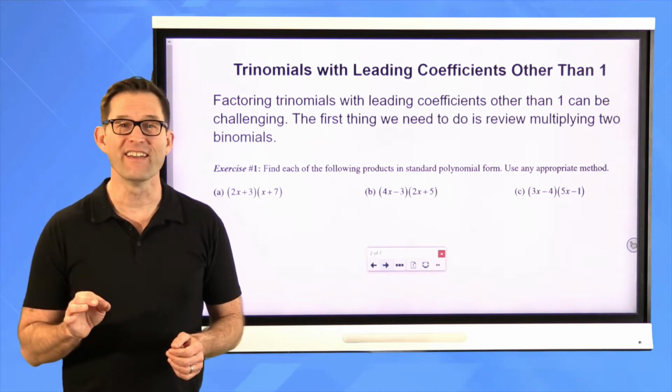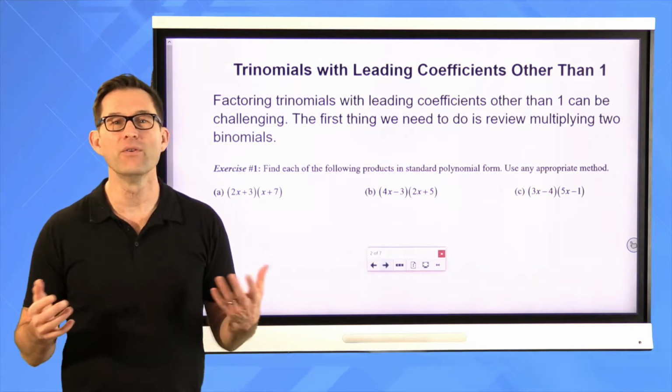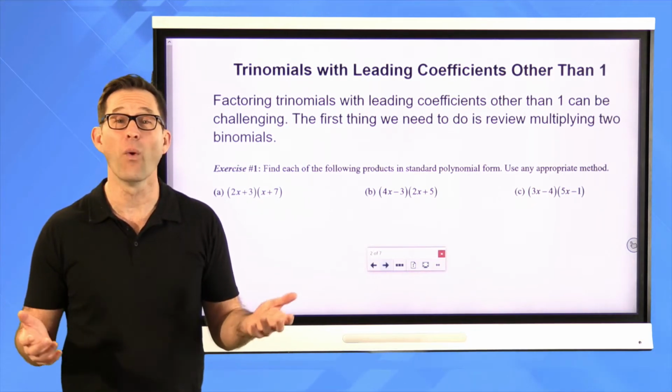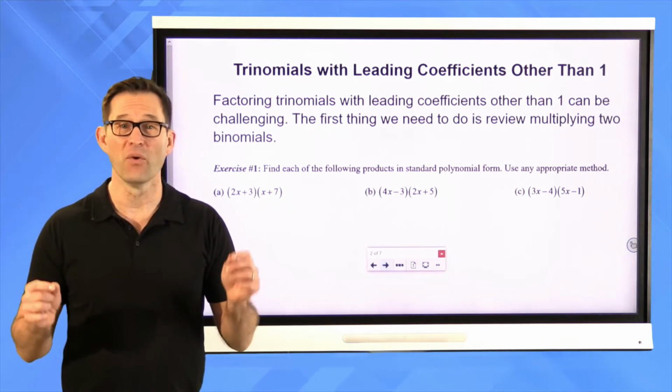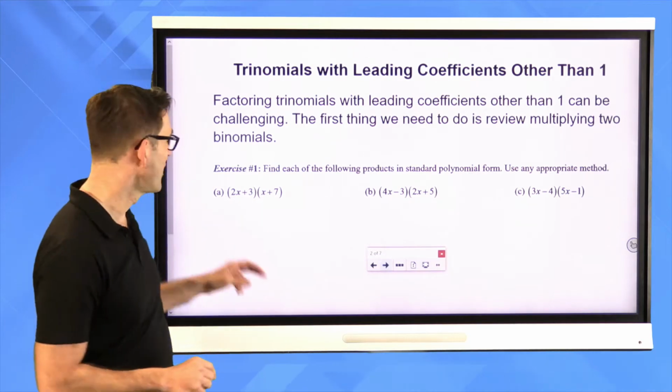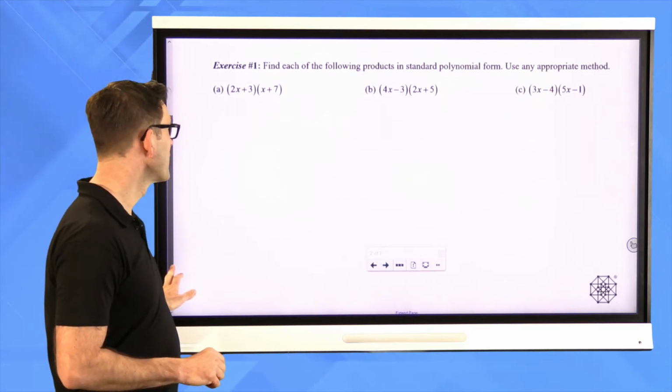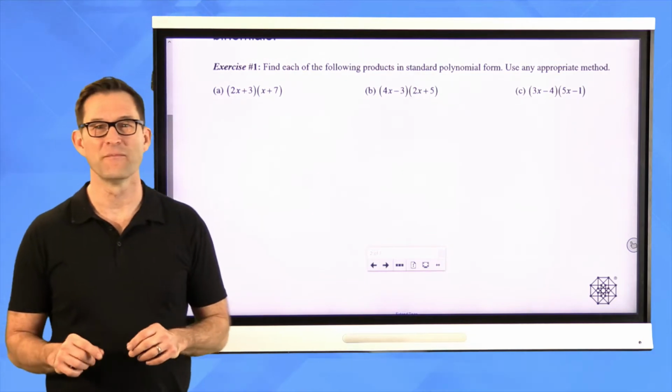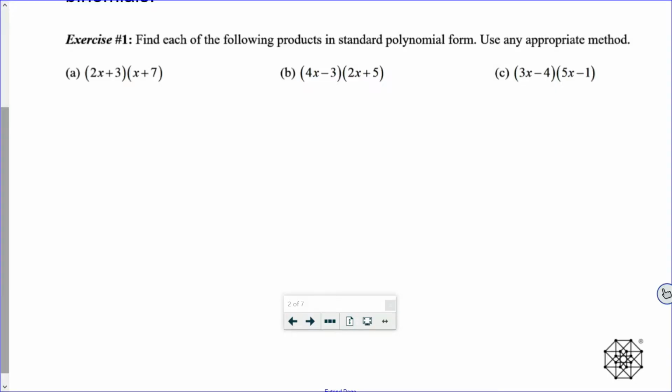The first thing that we need to do before we do this kind of factoring is, yet one more time, review how to multiply two binomials together. All right? So let's take a look at exercise number 1. Find each of the following products in standard polynomial form. Use any appropriate method.